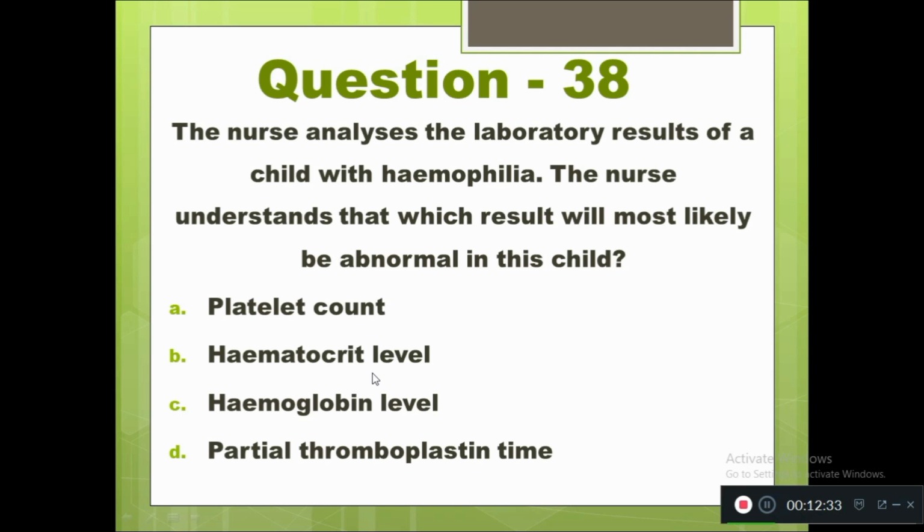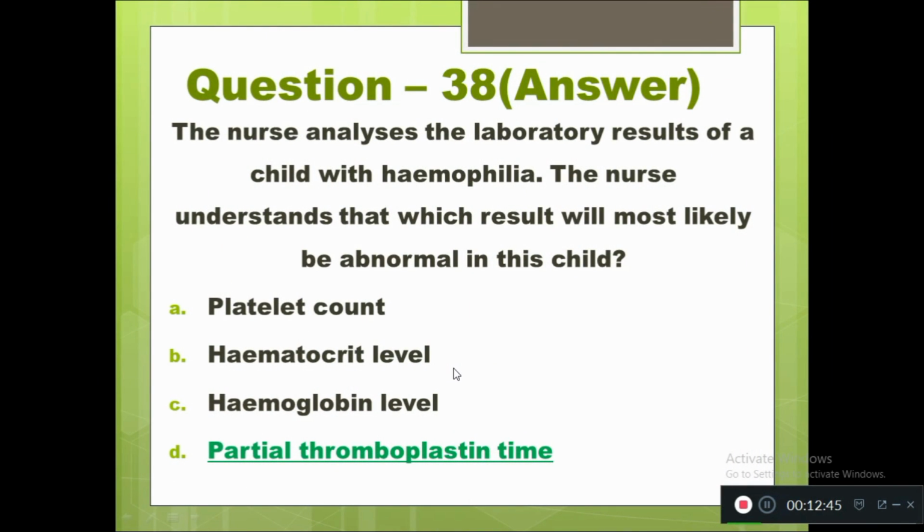Option B, hematocrit level. Option C, hemoglobin level. Option D is partial thromboplastin time. So in hemophilia, the partial thromboplastin time should be assessed for any abnormal findings.